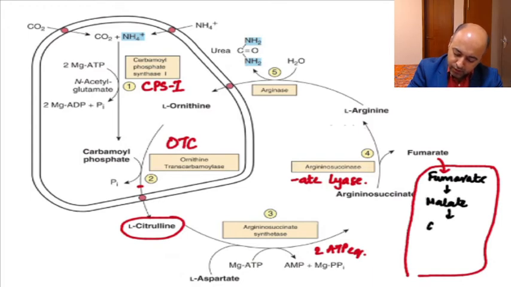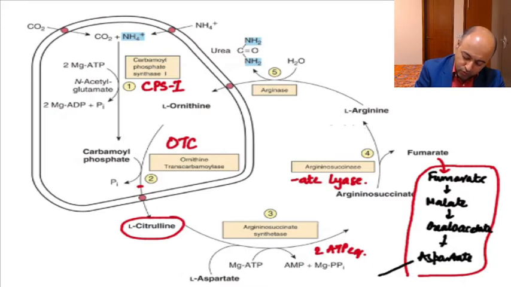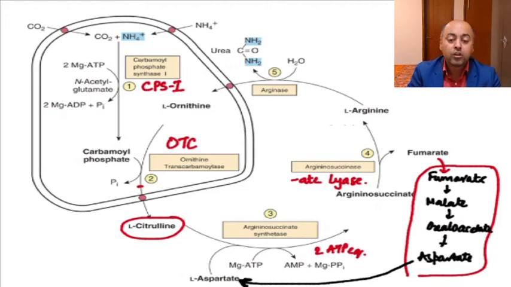Malate gets converted into oxaloacetate, and oxaloacetate is finally converted into aspartate by transamination. We just discussed transamination. So by transamination, fumarate is finally converted into aspartate. This aspartate will go out from the mitochondria and again participate in reaction 3.